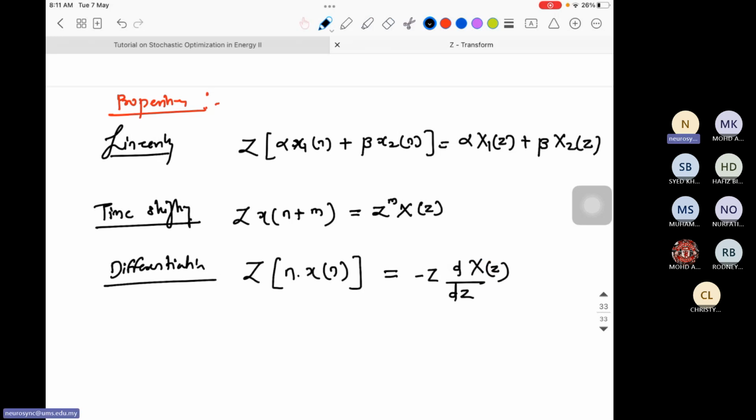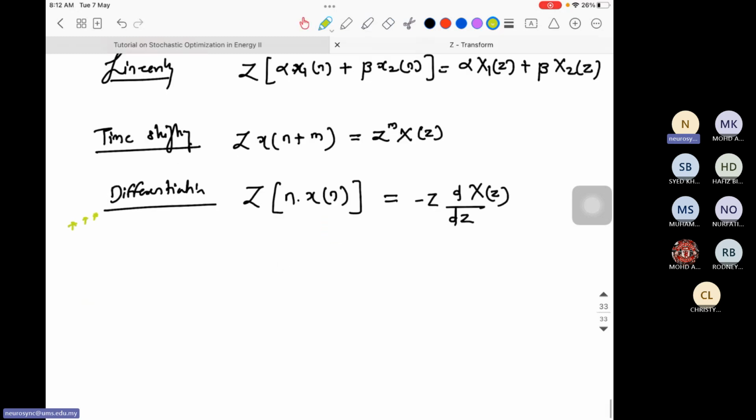This is also a very important property. So these three properties are very important: linearity, time shifting, and differentiation. Differentiation: the Z transform of n times x of n is equal to minus z d by dz of X of z. So we'll take one example on this.